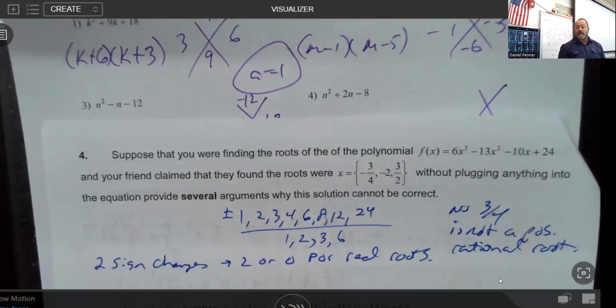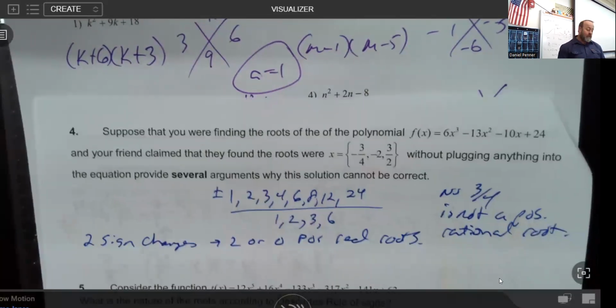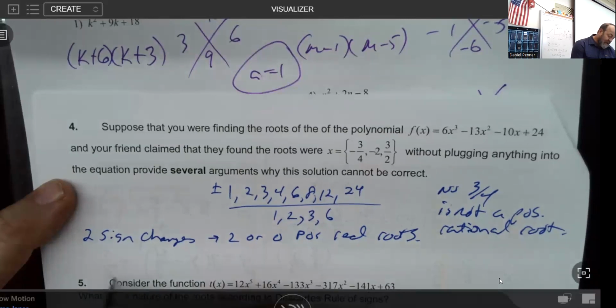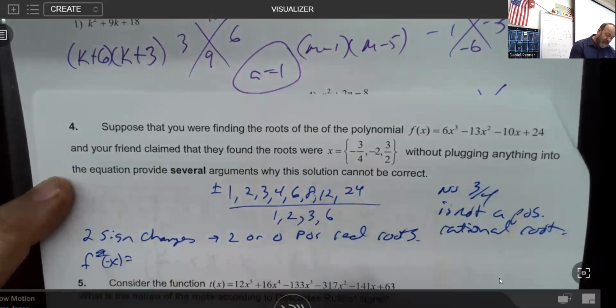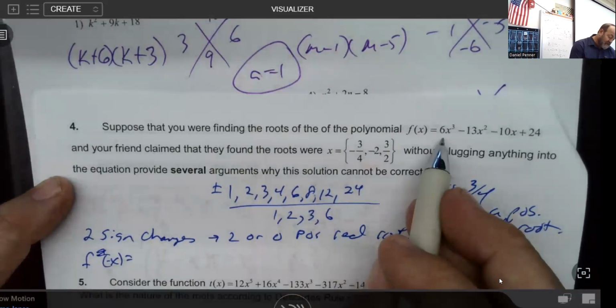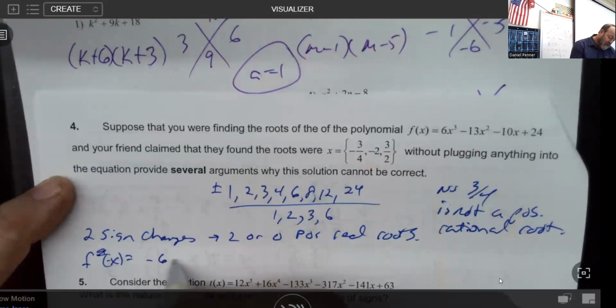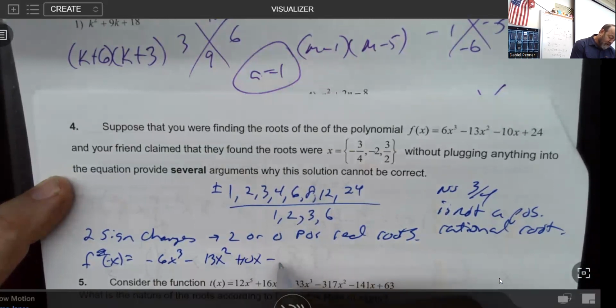Another reason would be that if you looked at f of negative x, remember we looked at this if we wanted to look at it the other way. If you replaced x with negative x, I get negative 6x cubed minus 13x squared plus 10x plus 24.